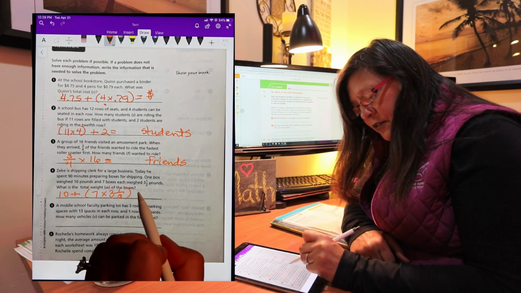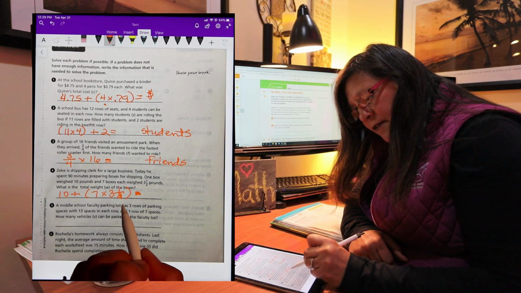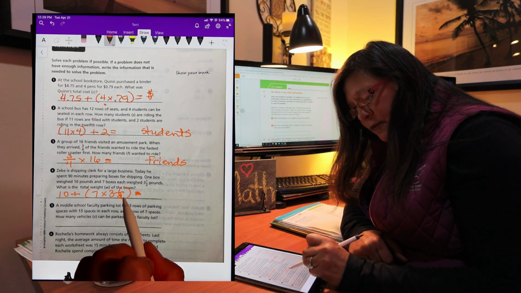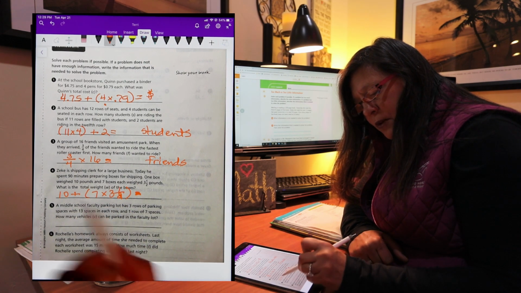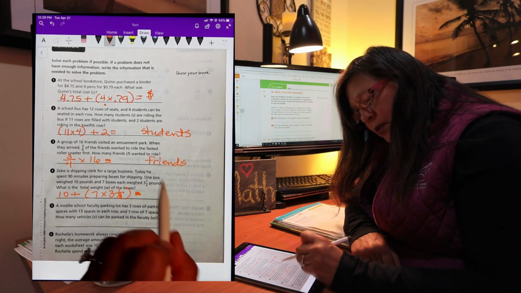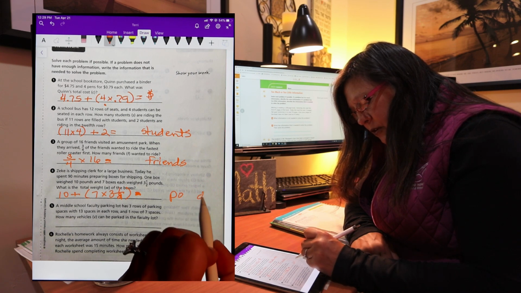So that's going to go in parentheses. So 7 times our 3.5, turn that into an improper fraction. 3 times 2 plus 1 over 2. Do your multiplication, add, and what is the total weight? Well, what is the weight in our problem? It's in pounds, so that should be your label.